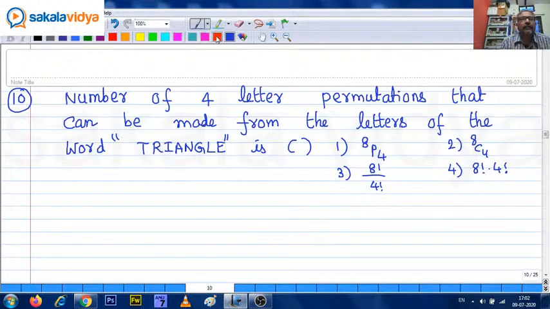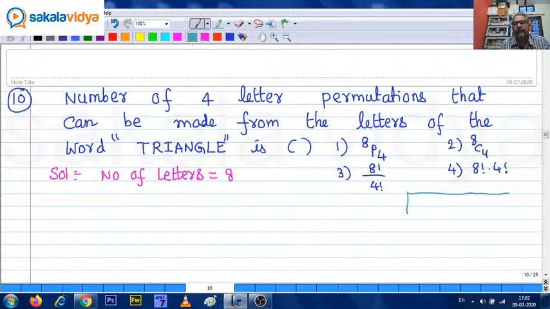Right. Here, first, number of letters in the word. You count it now. Number of letters is equal to 1, 2, 3, 4, 5, 6, 7, 8. Number of letters is 8. But we need to arrange 4-letter arrangements. 4-letter arrangements means 4 blank places. We need to fill 4 blank places without repetition. 1, 2, 3, 4. This is 8 ways, this is 7 ways, this is 6 ways, this is 5 ways.